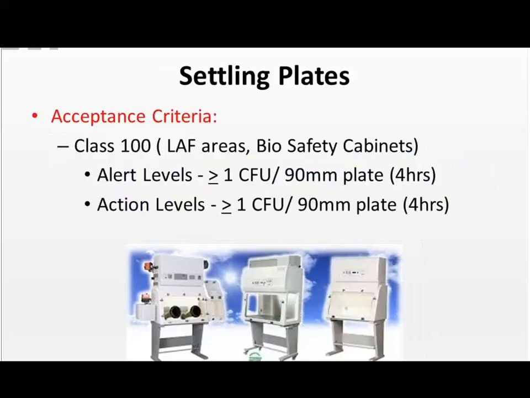For our acetylene plates in a Class 100 area or a Class A, our alert levels and action levels, as you can see, are going to be the same. Again, a sterile area. We want less than or equal to 1 colony forming unit per a 90 millimeter plate, and this is if the plate was left there for 4 hours.